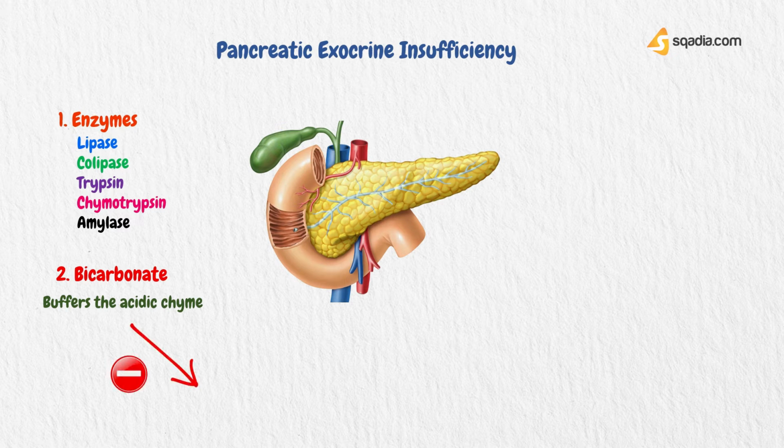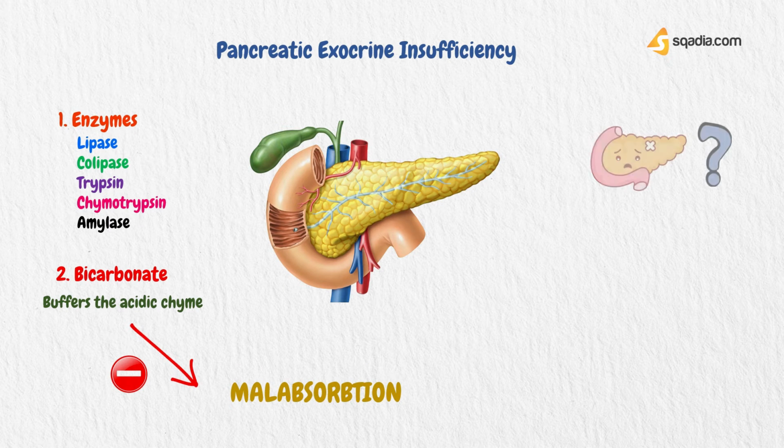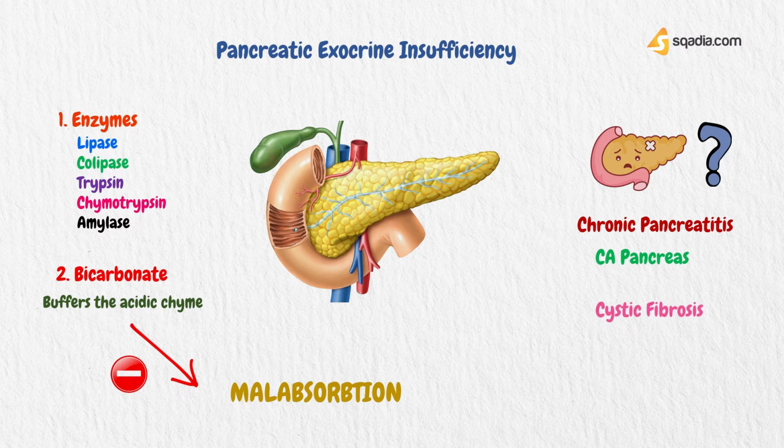So loss of these two important functions can lead to what? Malabsorption. Now, can you name some of the pancreatic diseases that could lead to loss of these functions? Yes, chronic pancreatitis, carcinoma of pancreas, cystic fibrosis, and dissection of pancreas.